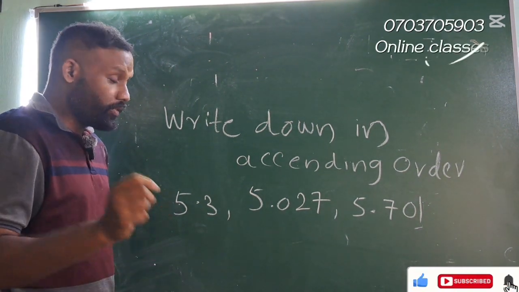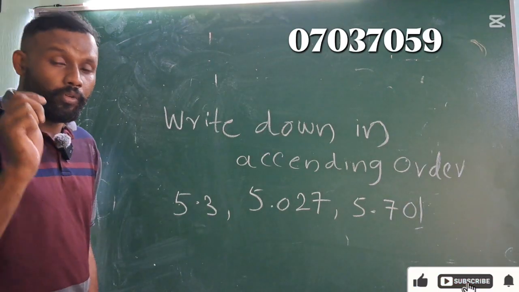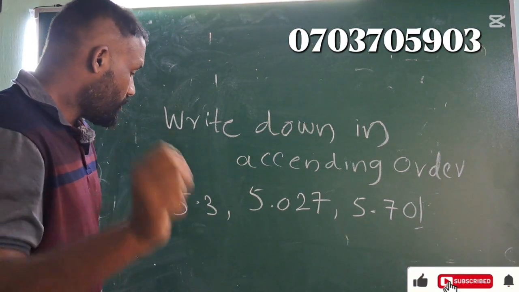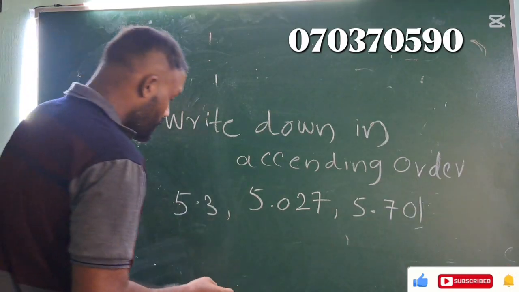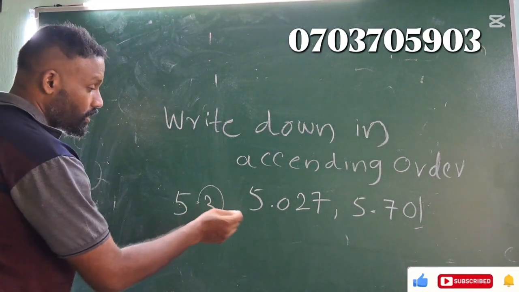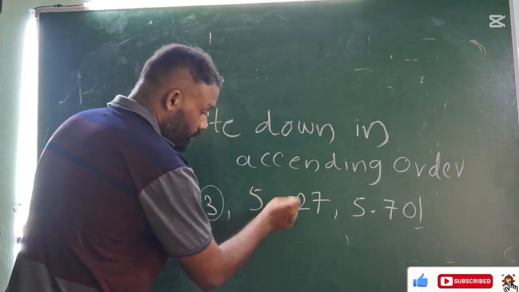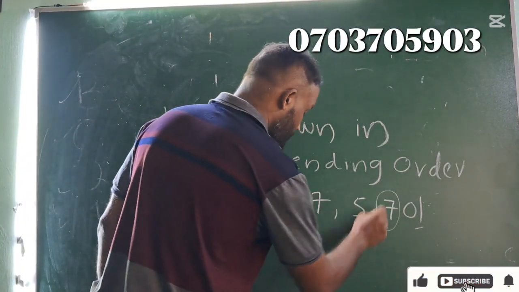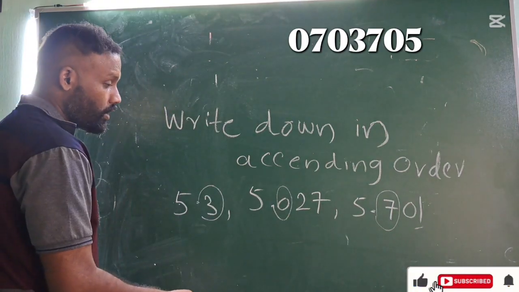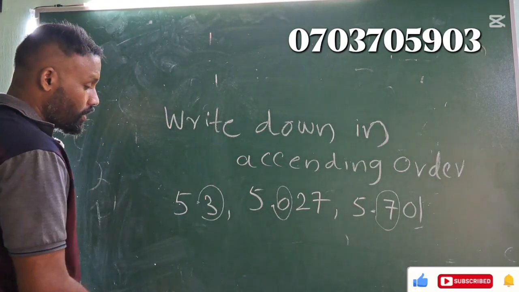First we have to find out which one is the smallest number. Look at the tenths place number. There is 3, this one 0, and this one 7. So therefore, the smallest number is this one. Why?